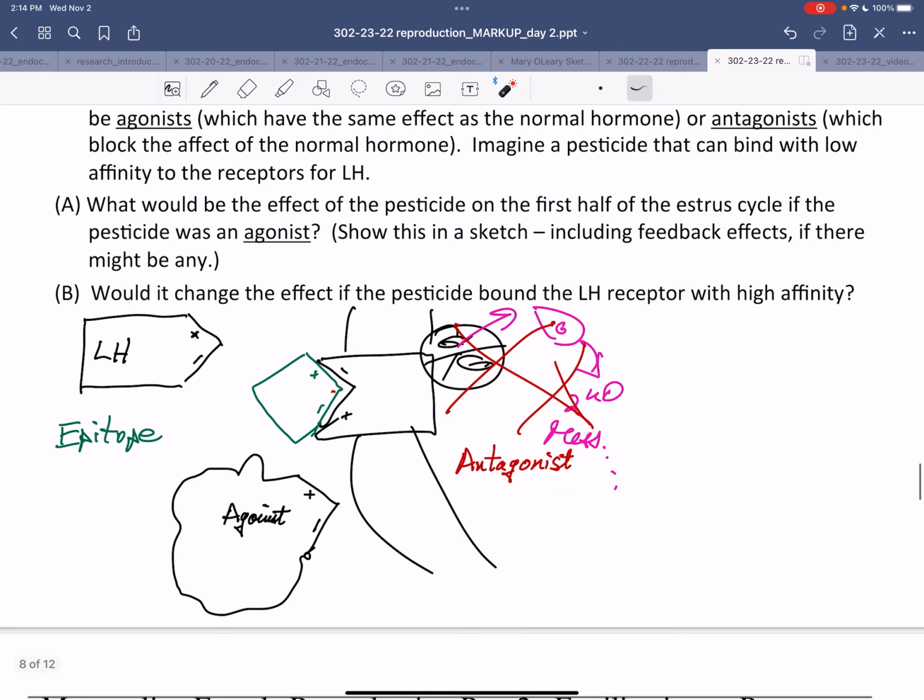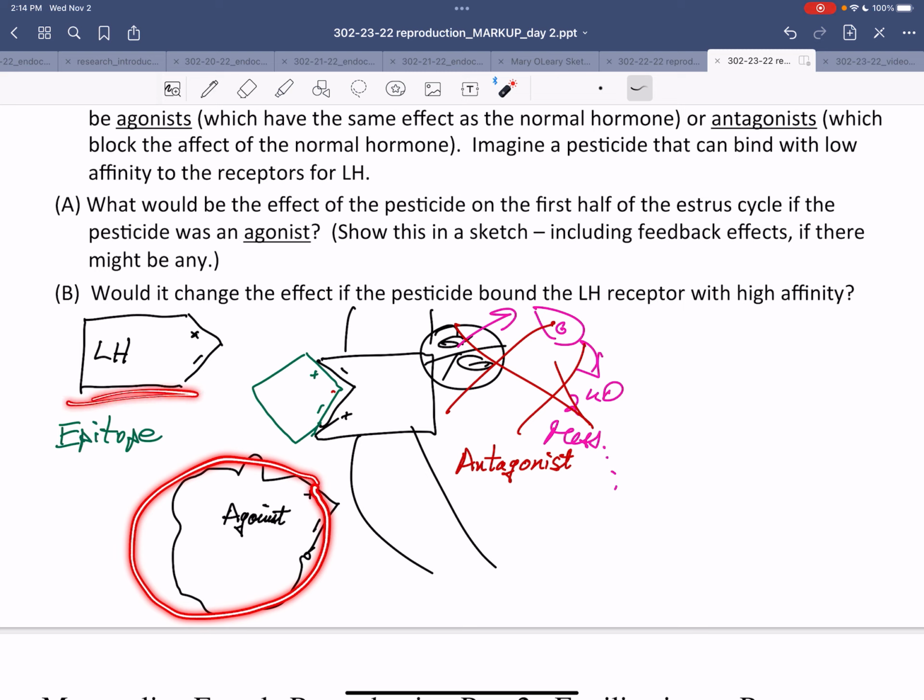So finally, again, to remind you, these antagonists and agonists are often parts of, for example, venoms from a snake or something else. They can be plant secondary compounds where selection has favored something that can bind that is similar enough to a normal molecule to cause effects.